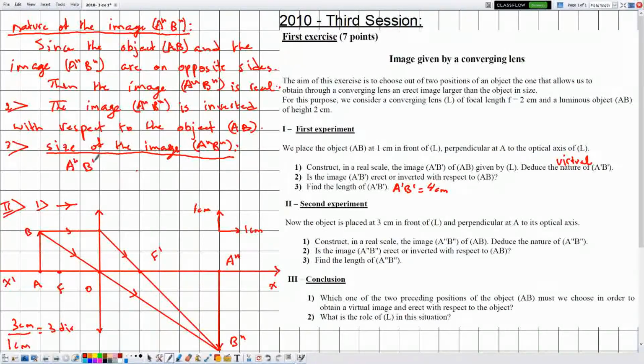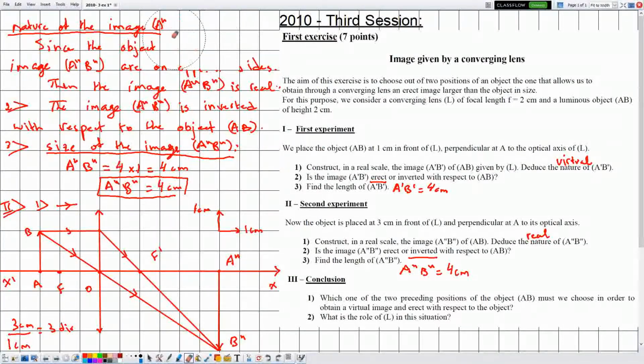So A double prime, B double prime is equal to 4 times 1, and this will give me 4 centimeter. A double prime, B double prime is equal to 4 centimeter. Okay, so let me write here it is real and inverted. In this case it was erect, and the size of A double prime, B double prime is equal to 4 centimeter.